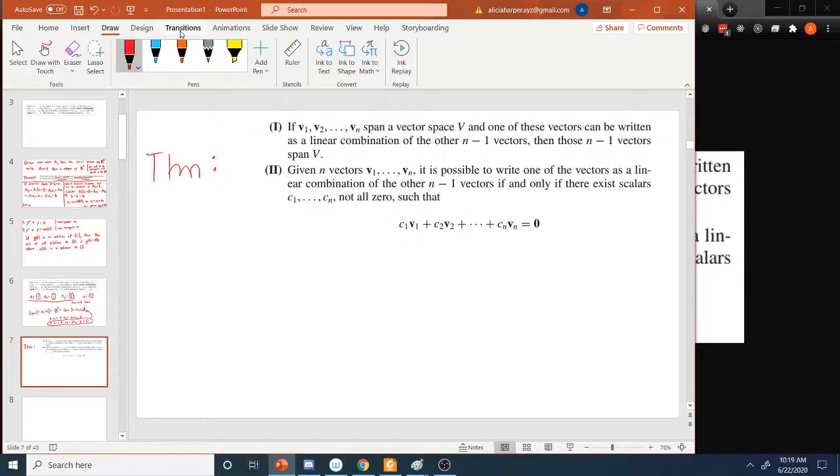So this is the theorem, and I'll prove each of these parts individually.